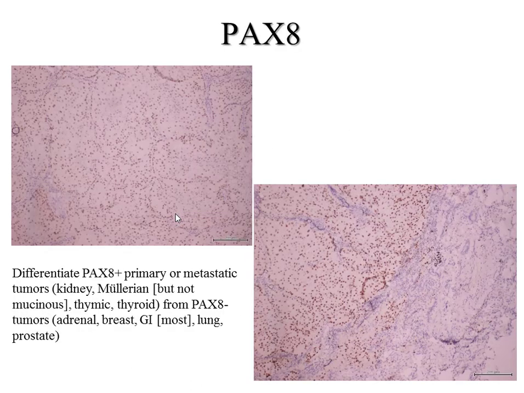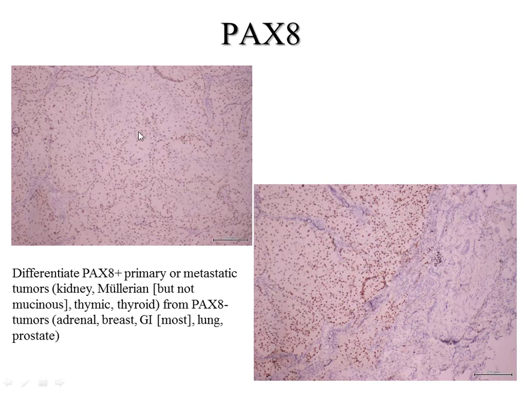We know about the anamnesis of the patient, so we added PAX8. PAX8 normally helps us differentiate primary or metastatic tumor of the kidney, thymus, thyroid from the PAX8 negative tumors of the adrenal gland, breast, gastrointestinal tract, lung, and prostate.